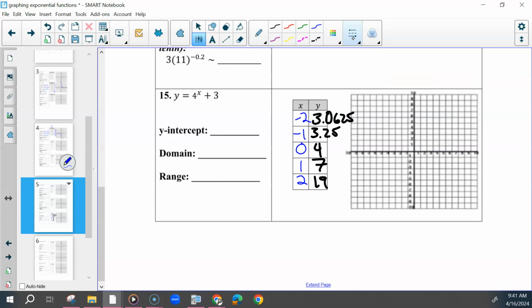So let's go ahead and graph those points to the best of your ability.